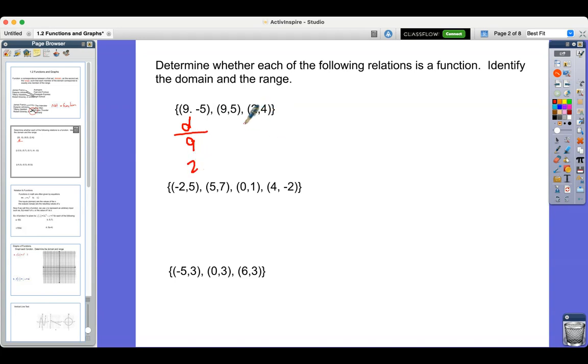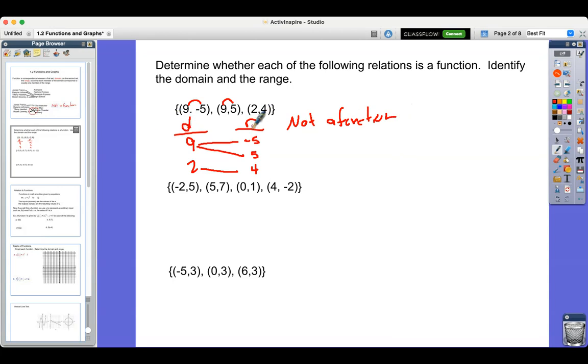Our range will be -5, 5, and 4. What's the relation? 9 has a relation with -5, but 9 also has a relationship with 5, and then 2 with 4. Because this 9 has a relation to two different things, this is not a function.